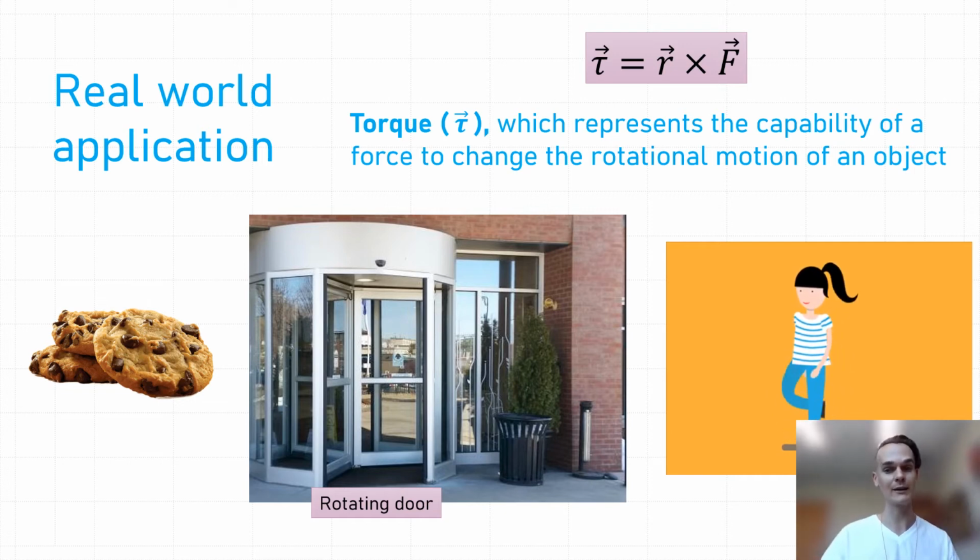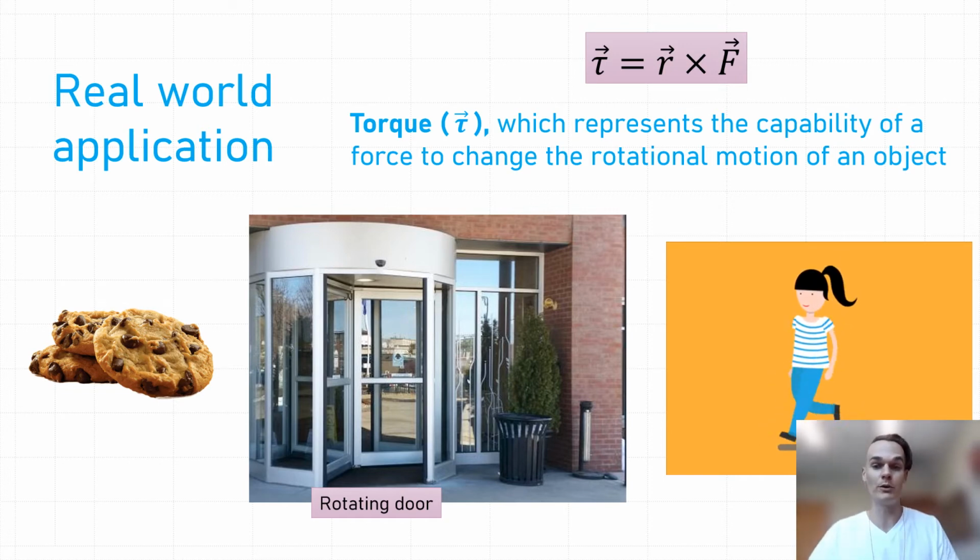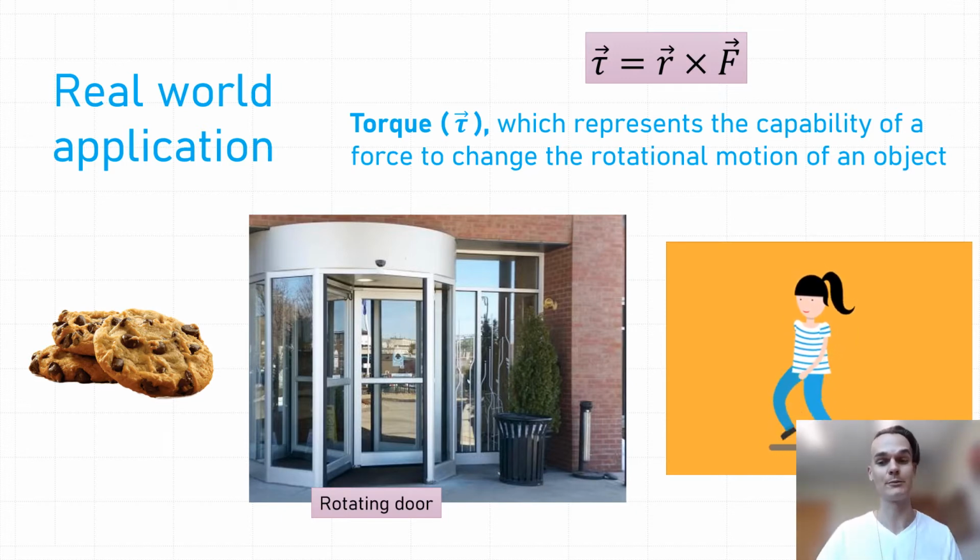What we're doing here is applying the vector math in an explicit way that helps us better understand why what you do when you push on a rotating door works. So let's go ahead and do some examples with this rotating door and see what happens with our torque vector.